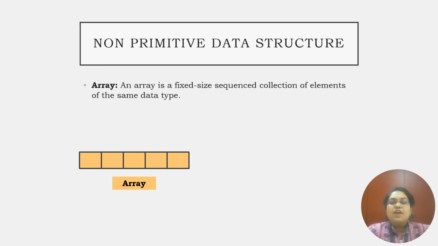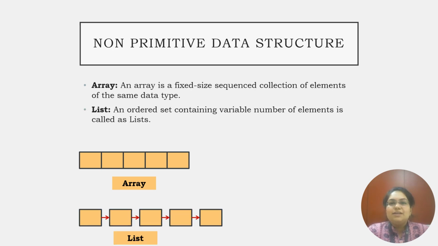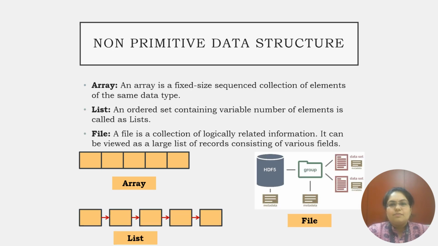Here we have defined the non-linear data structure. First of all, we'll see the array. An array is a fixed collection of elements of similar data type.